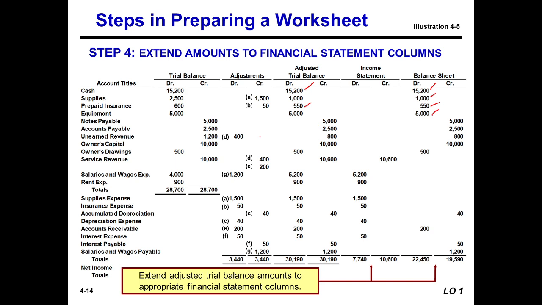And here the balance sheet, that means this is the asset, and this notes payable, accounts payable, unearned revenues, and owner's capital. These four items: notes payable, accounts payable, unearned revenue, and owner's capital, these are the liabilities and owner's capital related items, so this must be credited.